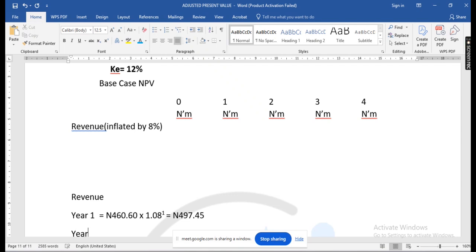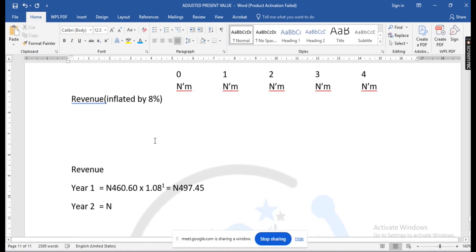That makes sense. Year 2. So what is the sales value given to us in year 2? That we will increase. 732. Is it 732? Yes. Okay, 732 times 1.08 squared.